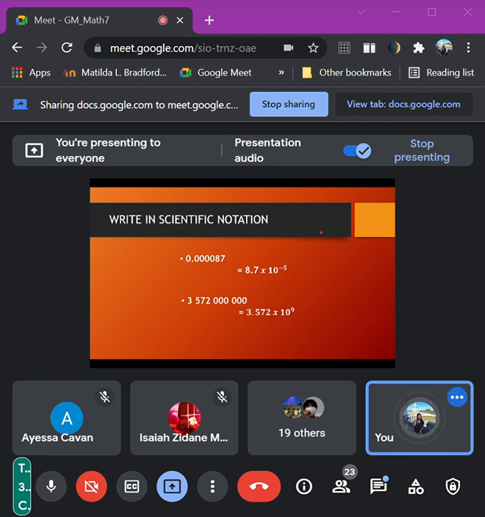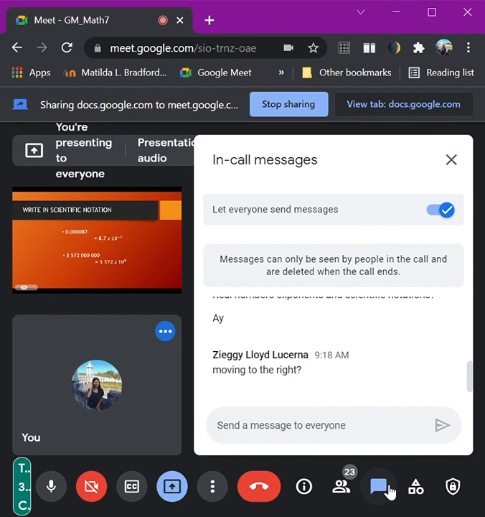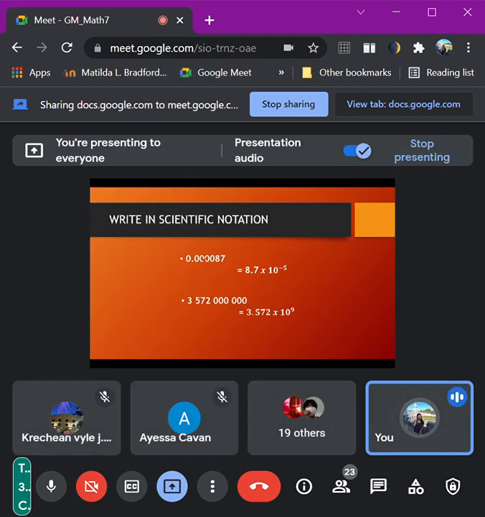Okay? Understood, class? Yes, very good, Lucerna. So, you have there, since we moved our decimal place to the right side, and we need one whole number or one non-zero digit to the left of our decimal.